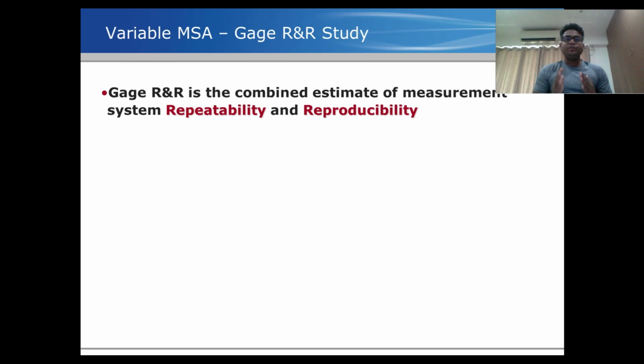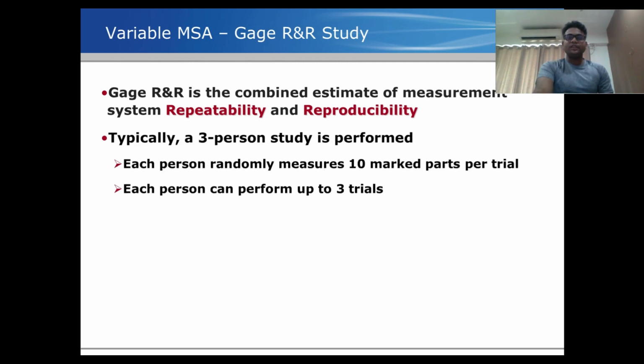So guys, here we will study the variable MSA, gauge R and R. MSA is applicable for both variable and attribute data, but here we will focus on variable MSA. Gauge R and R is the combined estimate of measurement system repeatability and reproducibility.